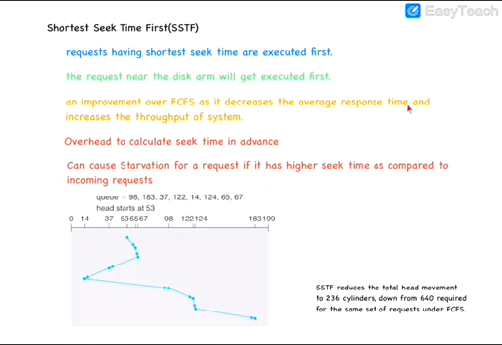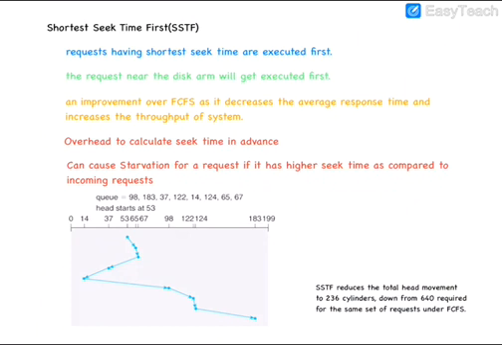It decreases average response time and increases throughput of the system, but it has an overhead, that is we need to calculate seek times for all the requests in advance so that we can find the shortest seek time. Okay, and it has an associated problem called starvation. That is, if a request of higher seek time has come, then it will be starved.